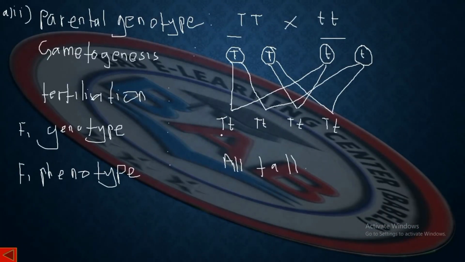These are the F1 offspring. B is saying these offspring were self-pollinated, meaning that a sister met with a brother.